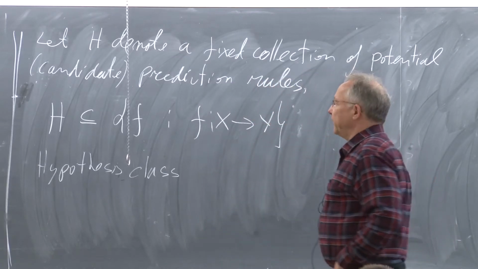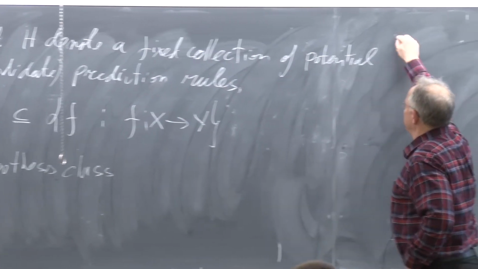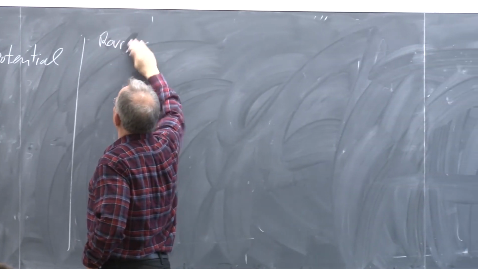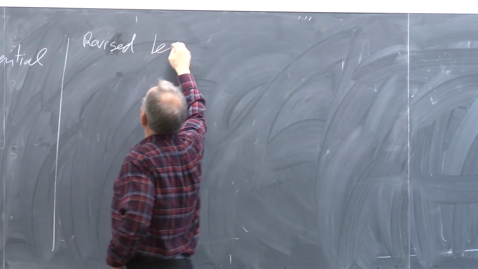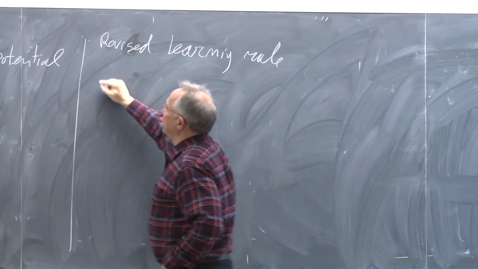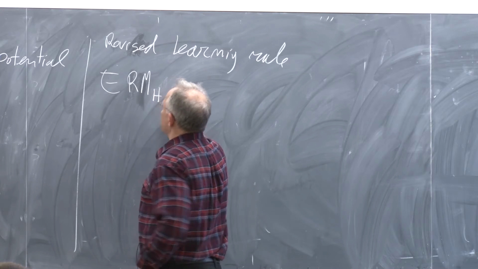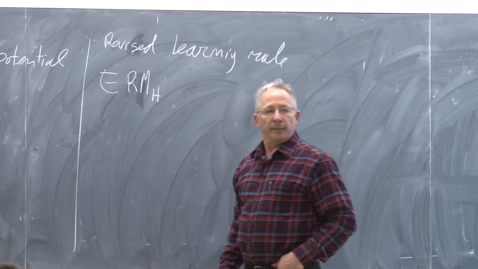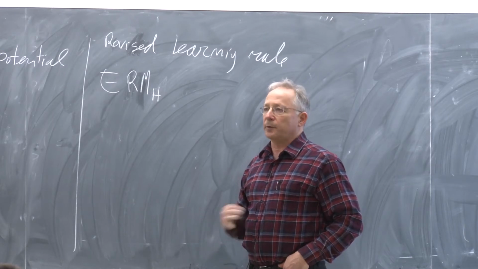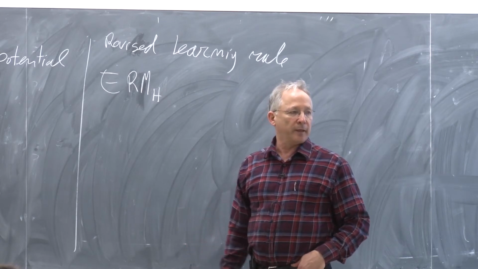And now we have a new version of the empirical risk minimization. So we have a new revised learning rule that we call ERM_H. And ERM_H, rather than trying to minimize the empirical loss over all possible predictors, is trying to find a predictor in H with a minimum empirical loss.